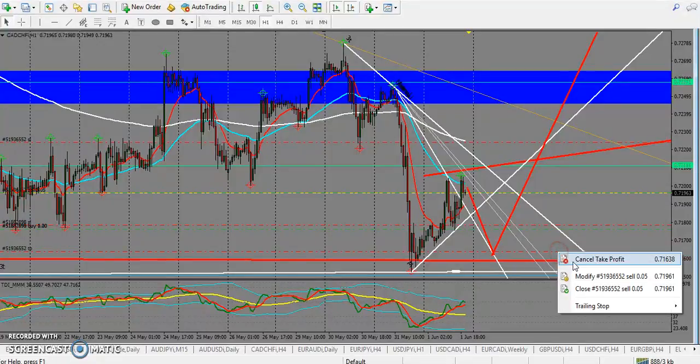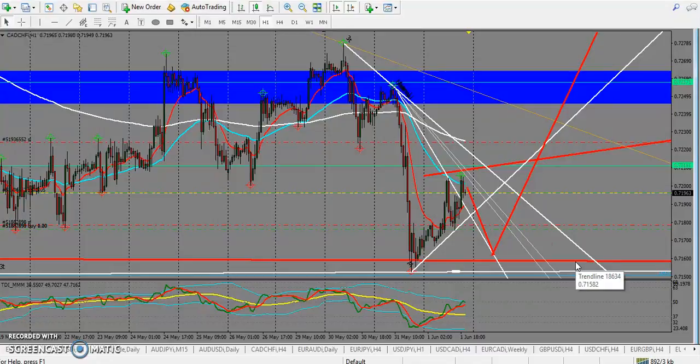Actually, I'm not even going to put a take profit zone. If it moves into profit and gets down here, what I'll do is pull up my stop loss like I did here. The further it goes past the zone that I want, I just move it up, or in this case, down.